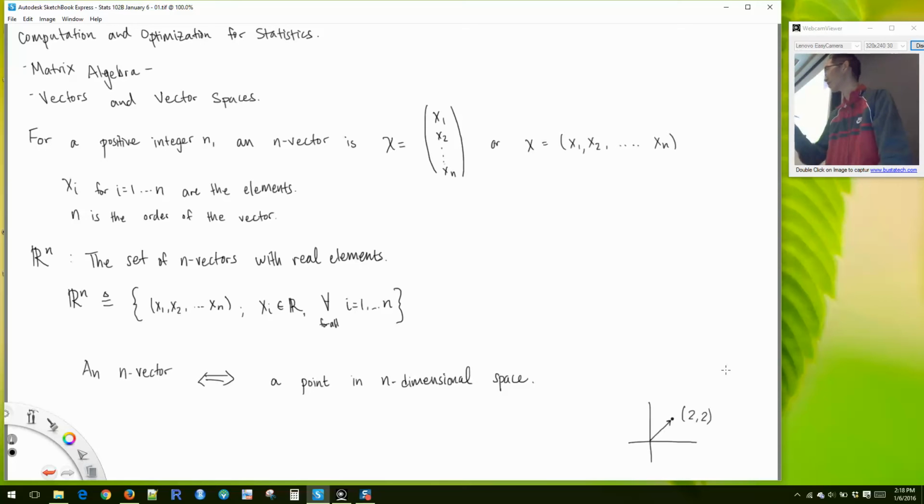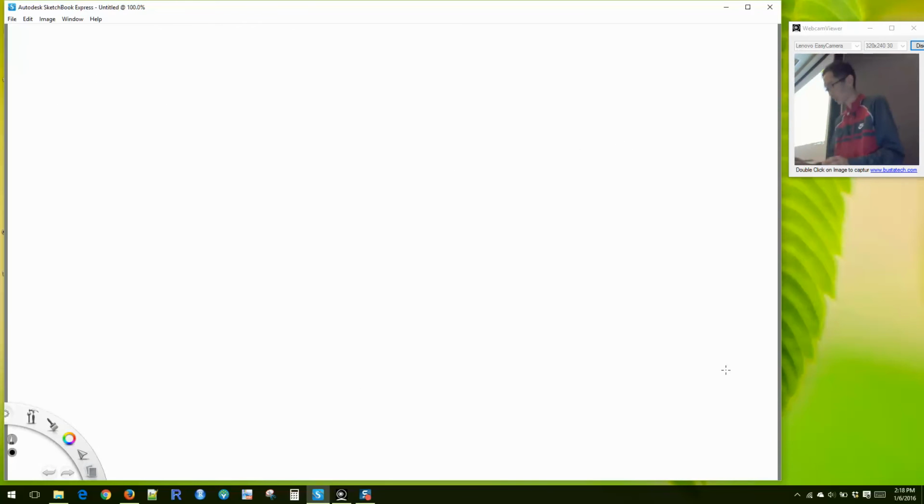I'm going to try to gauge when I can flip to the next slide. So, I guess this will be our next subsection here: operations on vectors.